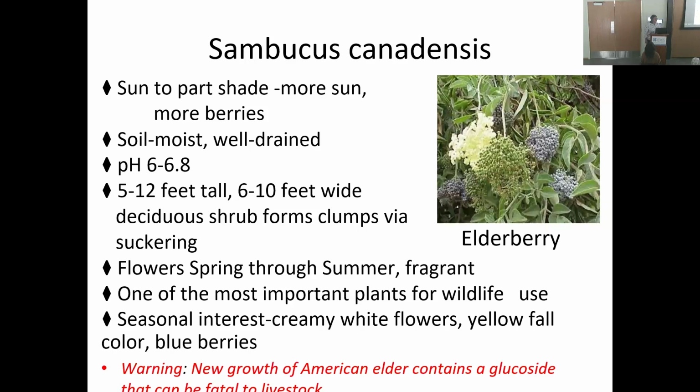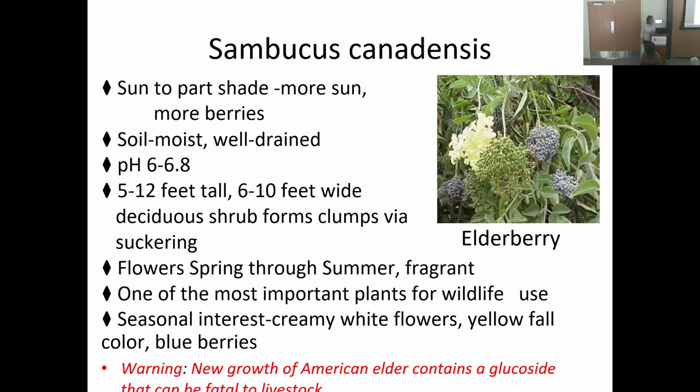It's a really pretty shrub, and it blooms all summer from late spring into late August, really. And it is considered one of the most important plants for wildlife, I think, because it is so abundant. And the birds eat the berries. There are a lot of pollinators that like the flowers.